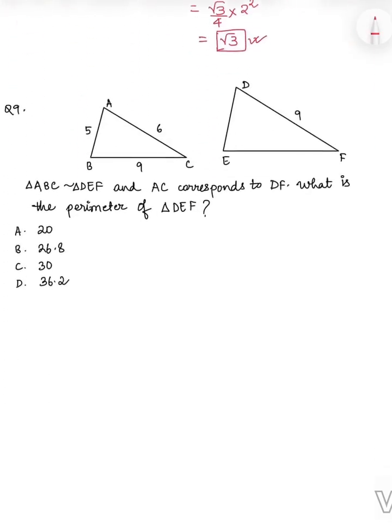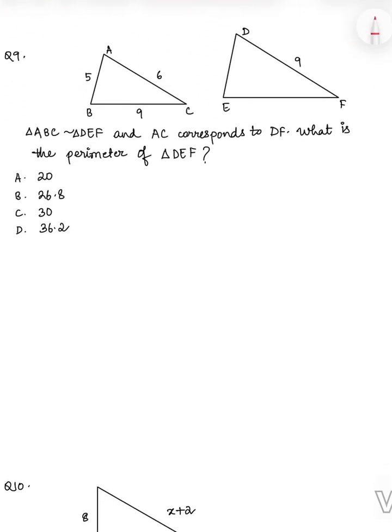Question number 9 gives us that triangle ABC is similar to triangle DEF and AC is corresponding to DF. So what is the perimeter of the bigger triangle, that is DEF? So now if these are corresponding to this, we can find DE. How?